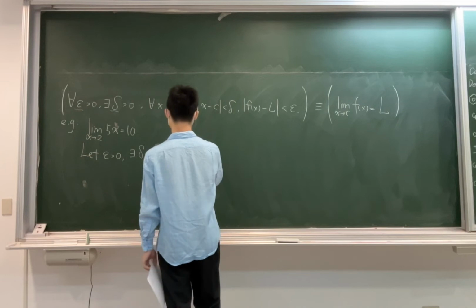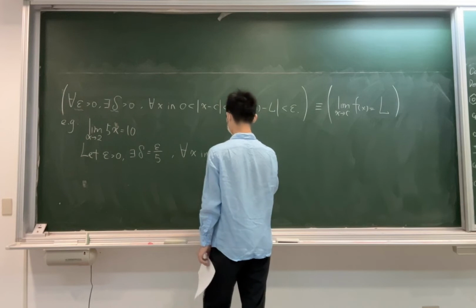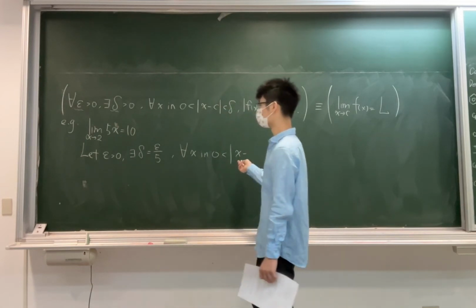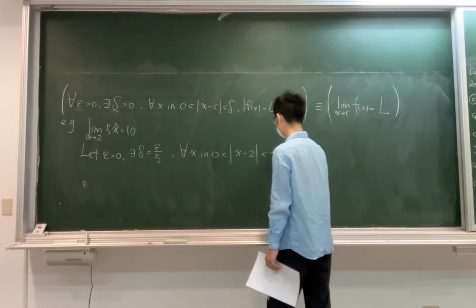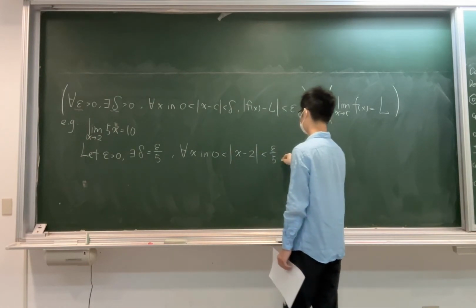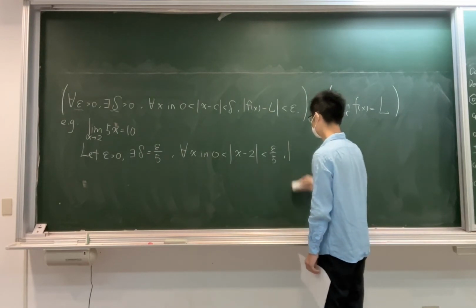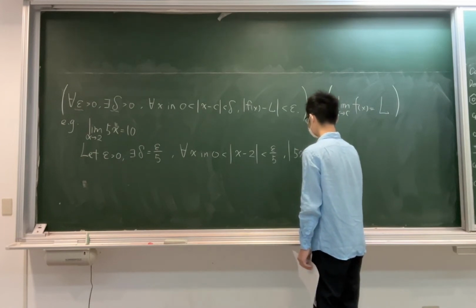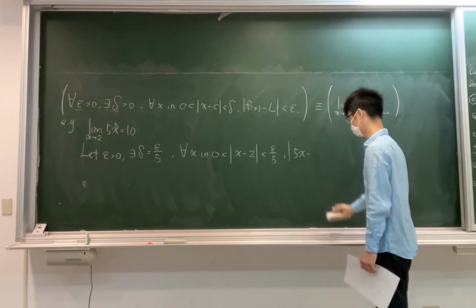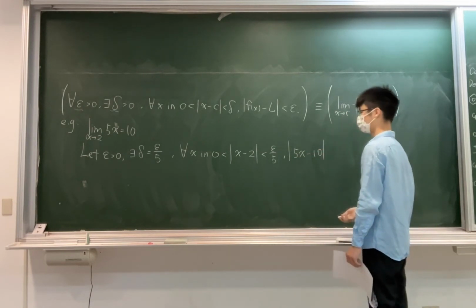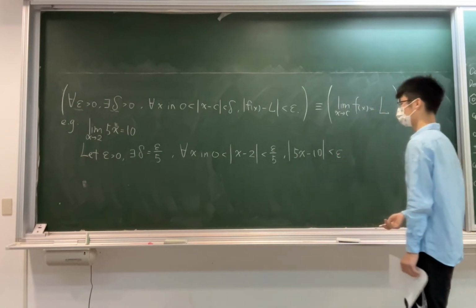Then we have the statement that for x with 0 less than absolute value of x minus c, where c here is 2, and less than delta, where delta here is epsilon over 5, it satisfies that the absolute value of f of x minus L is less than epsilon, where f of x here is 5x and the 10 here is L. Okay.